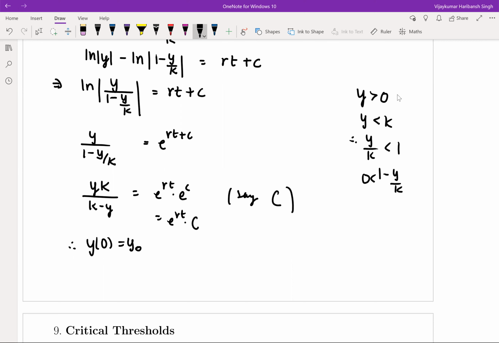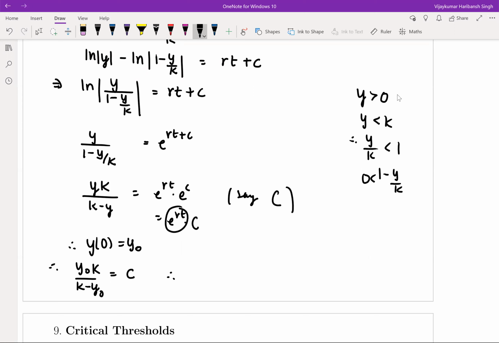So when you substitute y(0) = y0, we get y0 k upon (k - y0) equals C, since the exponential part is going to be 1.